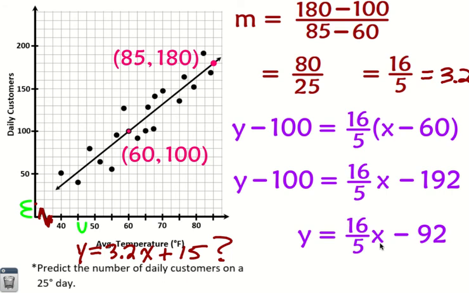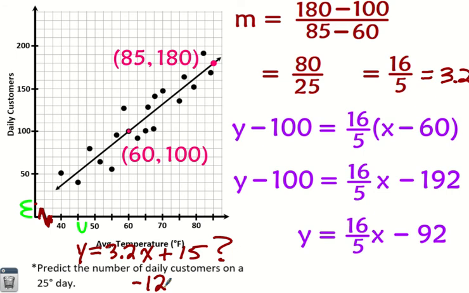So what would you get here? 16/5, like I said, was 3.2. So 3.2 times 25, remember I'm plugging in 25 for x, minus 92. This answer would be negative 12, which again doesn't make any real sense.